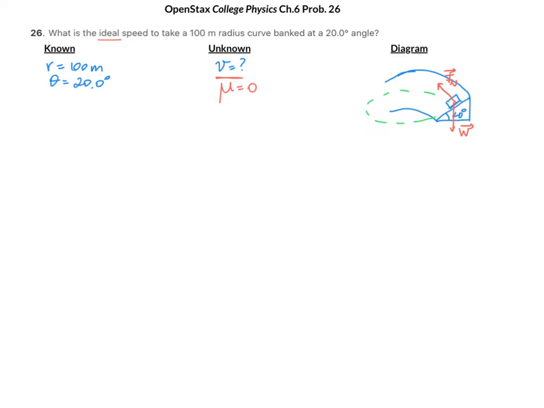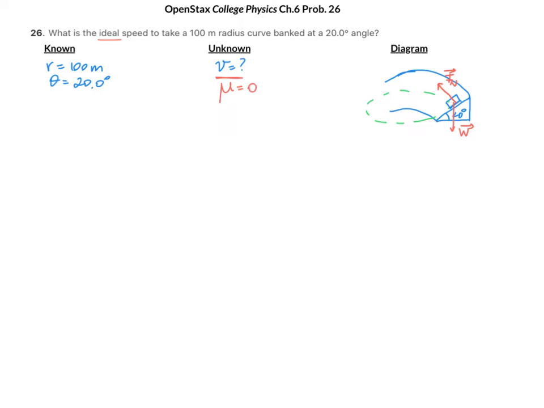Since the circular path goes somewhat this way, we need to have another force that keeps the car along that circular path. Looking at the forces that I have here, I have the weight, which acts straight down, and the normal force that is perpendicular to the road. The weight is not the thing that holds the car on the circular path.